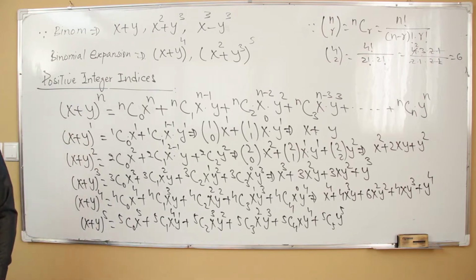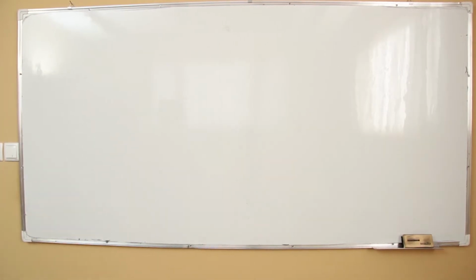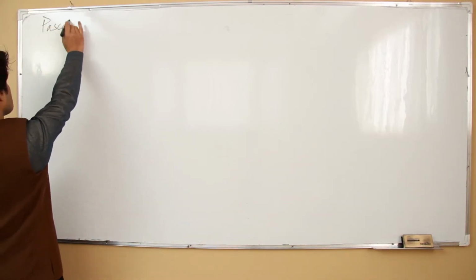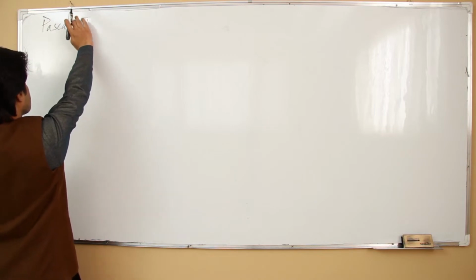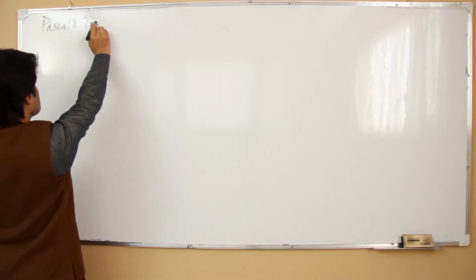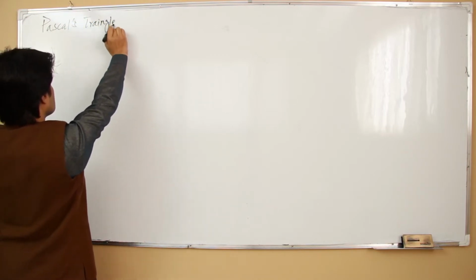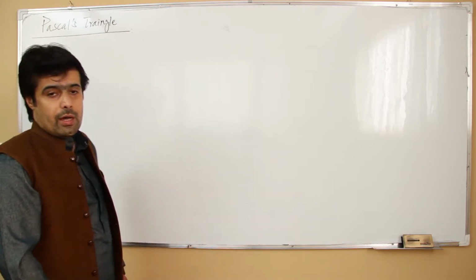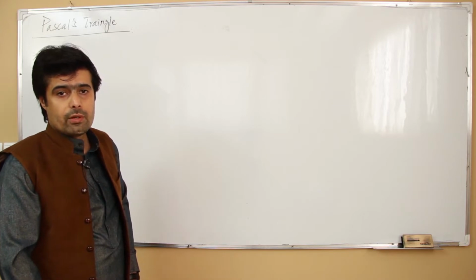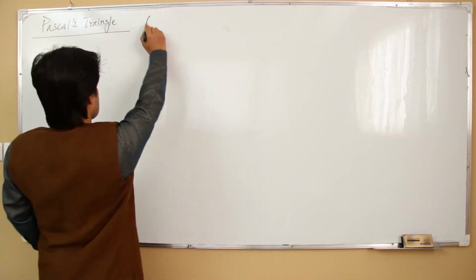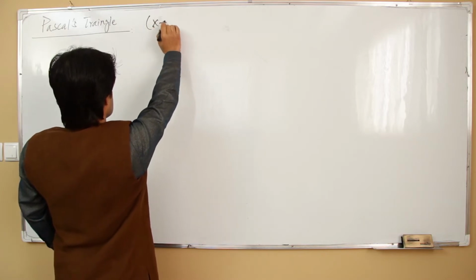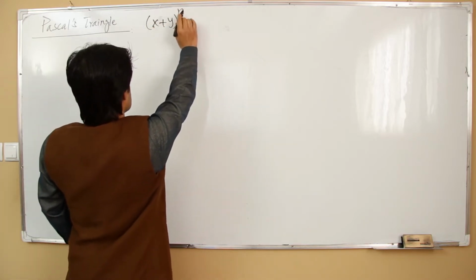Now what that one is, write it, we will come. By the way, what does Pascal's triangle mean? Pascal's triangle is used for finding the coefficients of the binomial expansion, in which maybe a plus b or x plus y, whatever, x plus y raised to the power n.